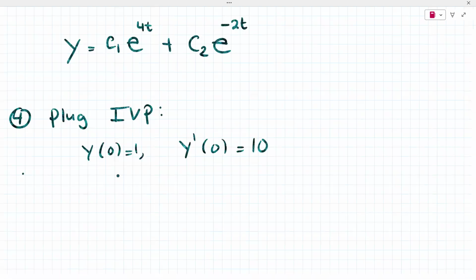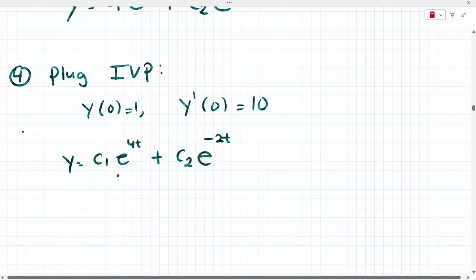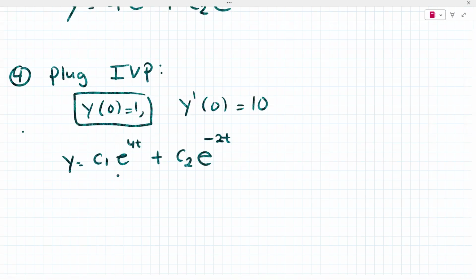So if you recall, our equation is y equals c1 e to the 4t plus c2 e to the negative 2t. What should we do? We should plug in this condition. Or no, actually, let's find y prime because we have a y prime here. So let's find the derivative.